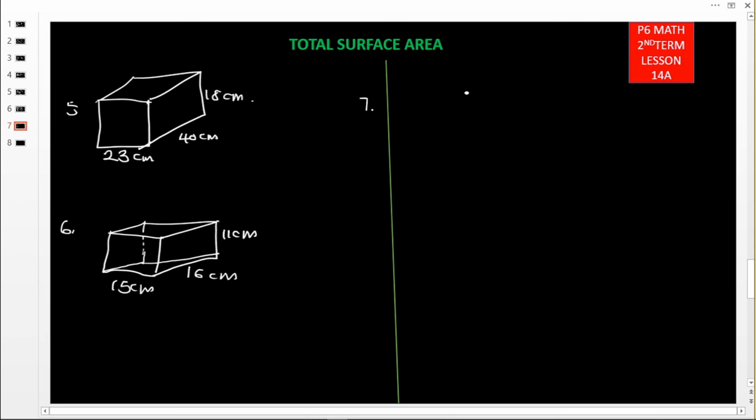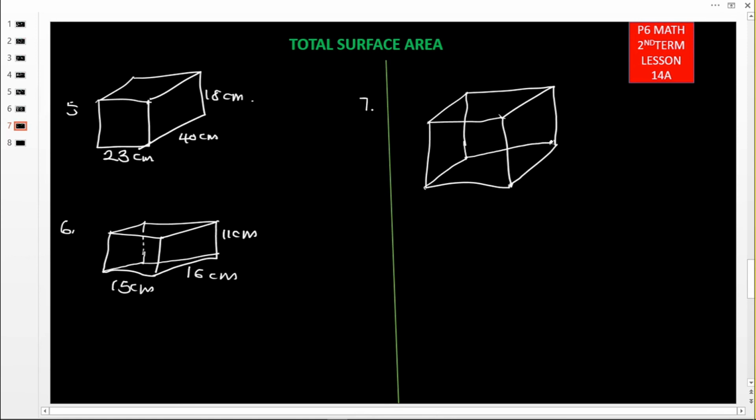Number 7, let this one be 25 centimeters, 50 centimeters, and this is 60 centimeters.